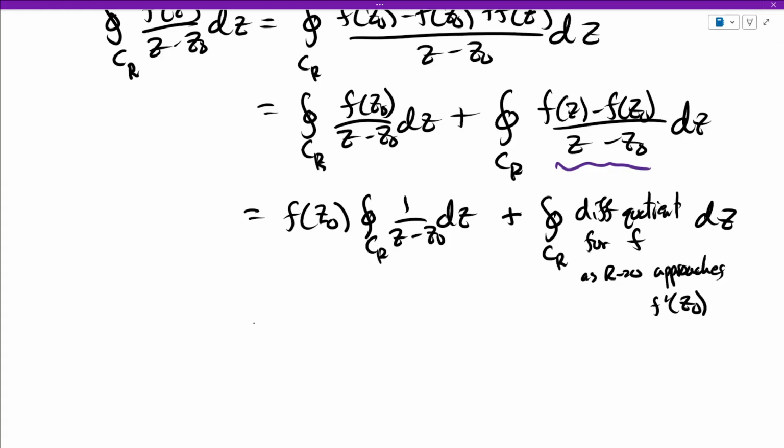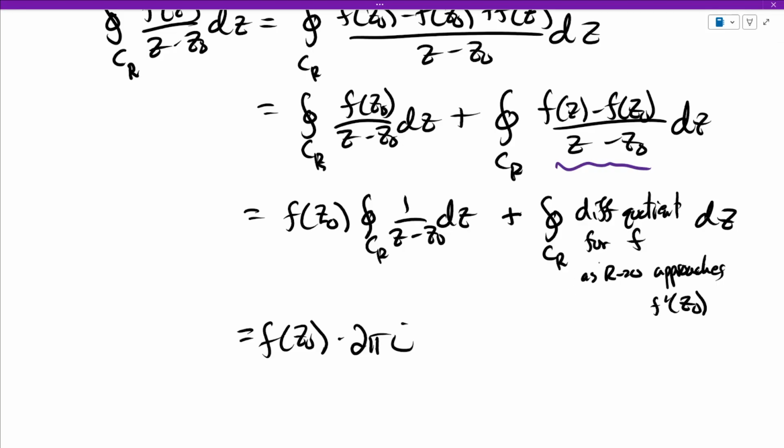All right, so this is going to be f of z naught. This integral we've computed a bunch of times. That's 2 pi i, because it's z minus z naught to the power 1 on a circle centered at z naught.